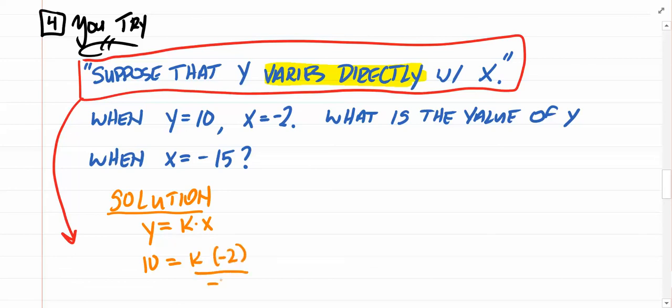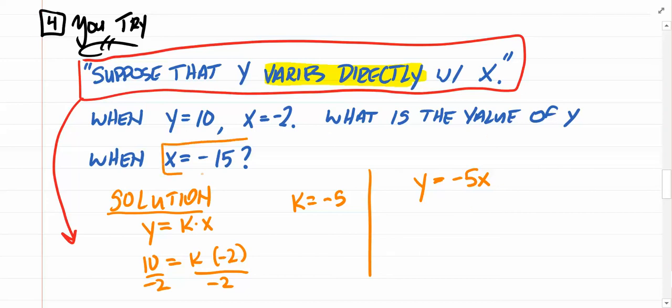I can then solve for k by dividing by negative 2, and I would get that k is equal to 10 divided by negative 2, which is negative 5. So therefore, I can write down y is equal to negative 5x. Every y is worth negative 5x. Then it says, what is the value of y when x is worth negative 15? So I'd say y is equal to negative 5 times negative 15.